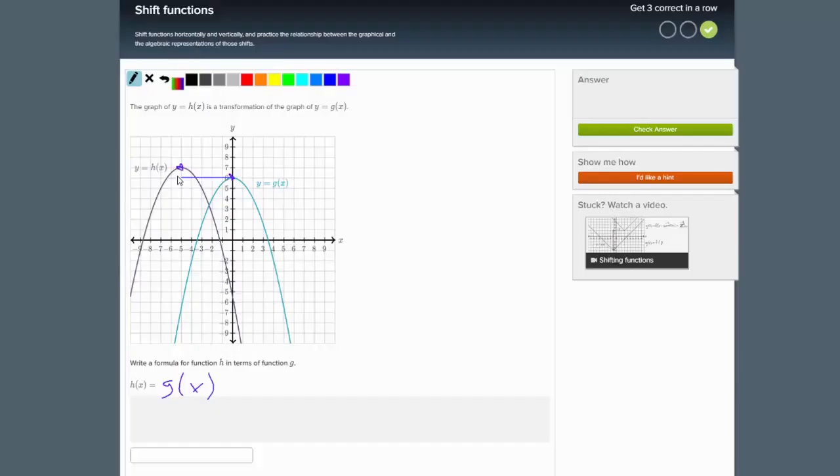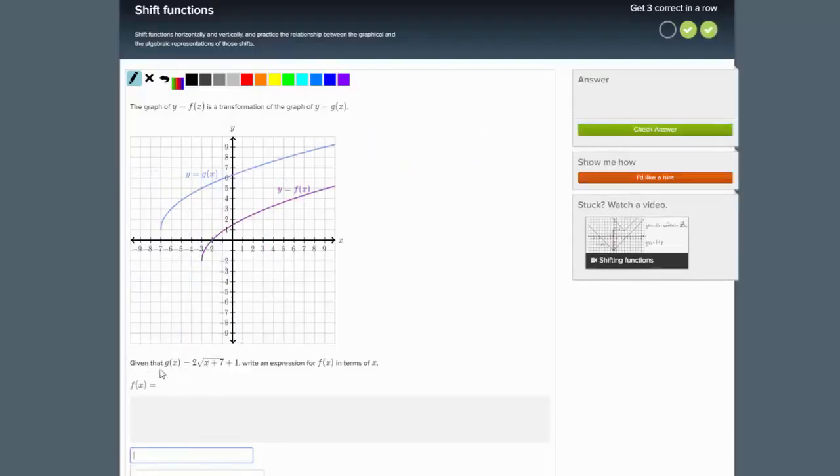You might say, well, where's the grouping symbol? Right here. So instead of g of x, it's going to be g of x shifted left 5, so this will be a +5. I also shifted up 1, so outside the grouping symbol will be my vertical shift of up 1. g of x + 5, plus 1.